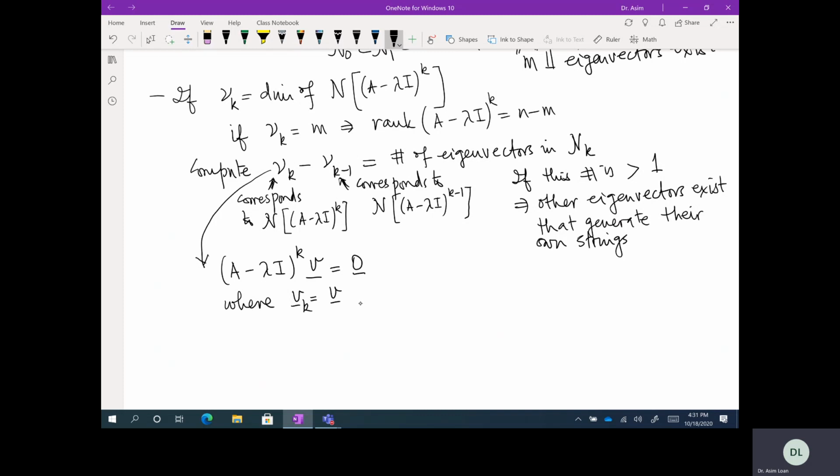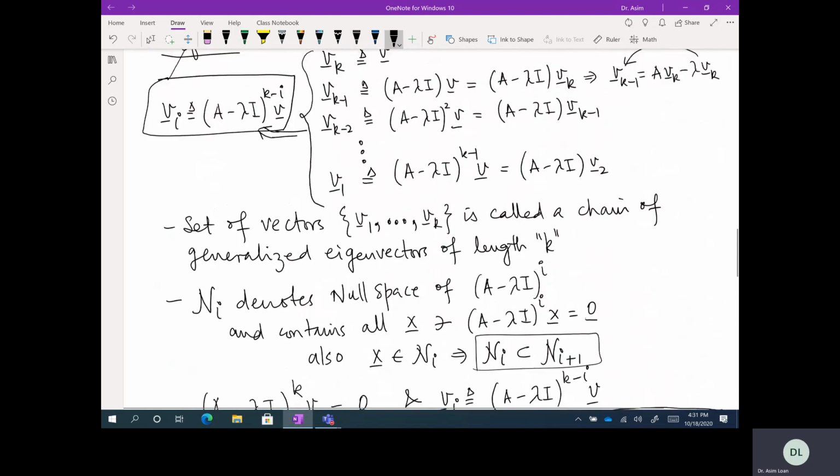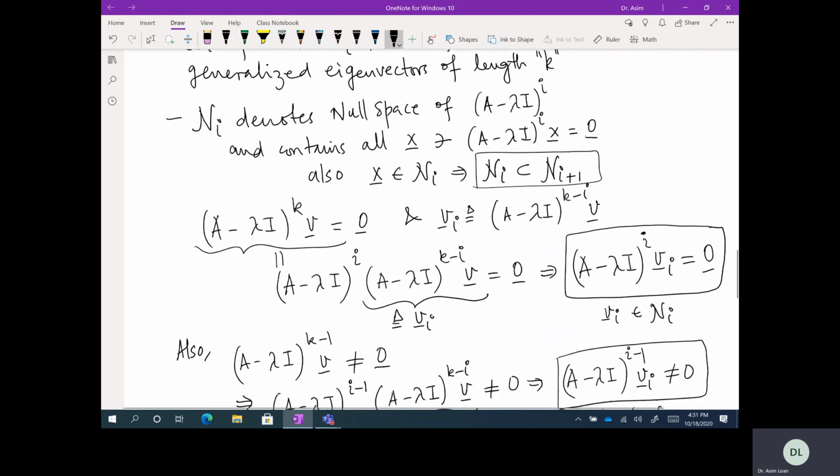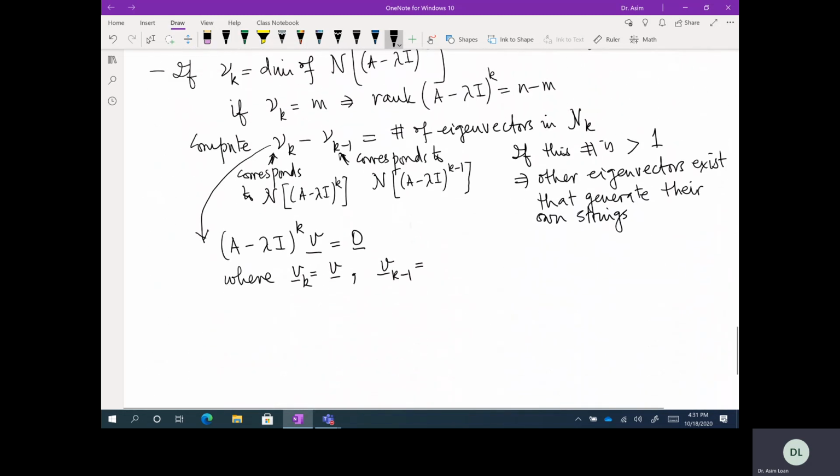Okay, and then we say vk minus 1 equals, and what is vk minus 1? vk minus 1 is equal to (A minus lambda I) vk, and so on and so forth until v1 is equal to (A minus lambda I)^(k minus 1) v.